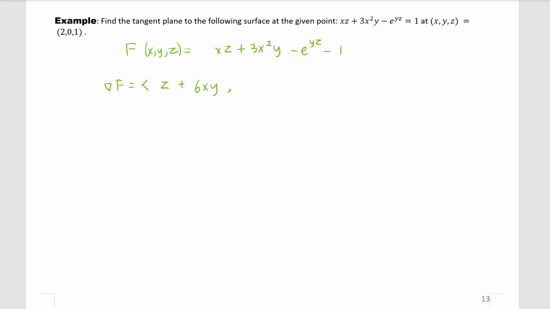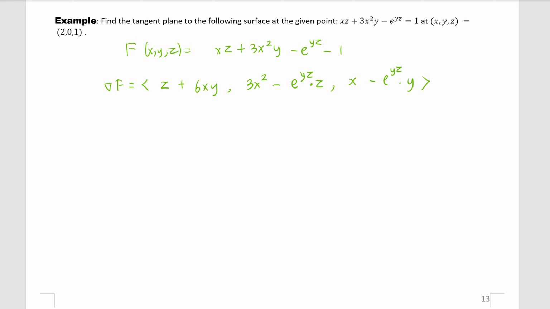The first term has no y. The second term gives 3x squared. Then this is chain rule: the derivative of yz is z. Then take the derivative with respect to z: it is x. The second term has no z, so it's gone. Then chain rule, the derivative of yz with respect to z is y.